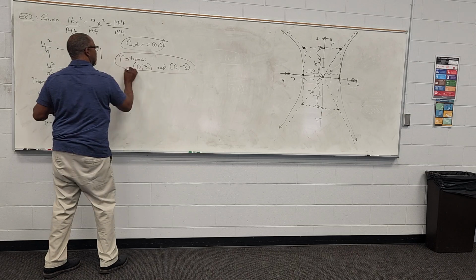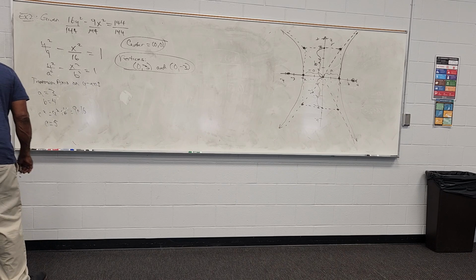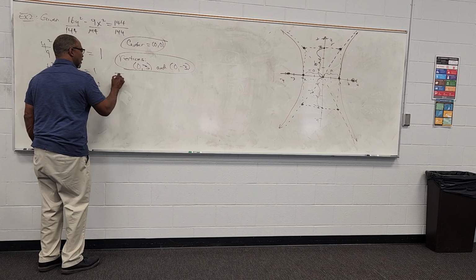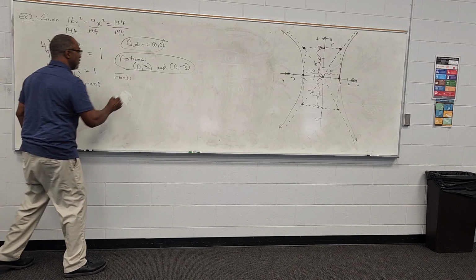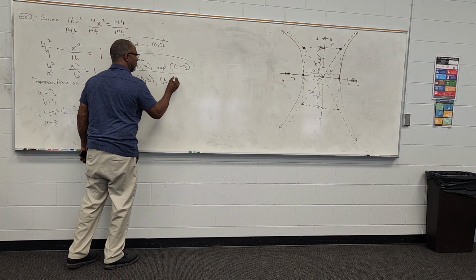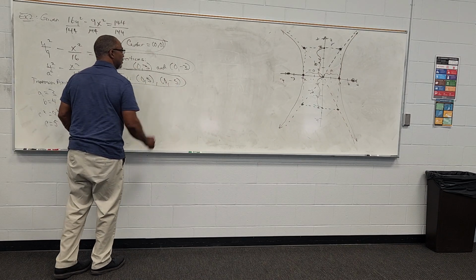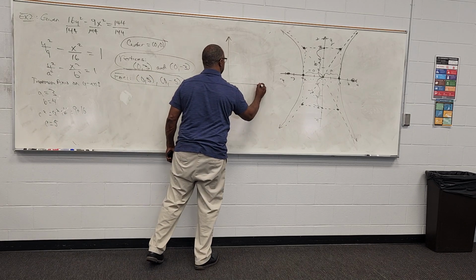That'll be my vertices. Because they want me to graph it, identify center, vertices, foci, equations of the asymptotes. The foci, since c is 5, 0, 5 and 0, negative 5. Those will be my foci. I think I got enough information to graph the thing.